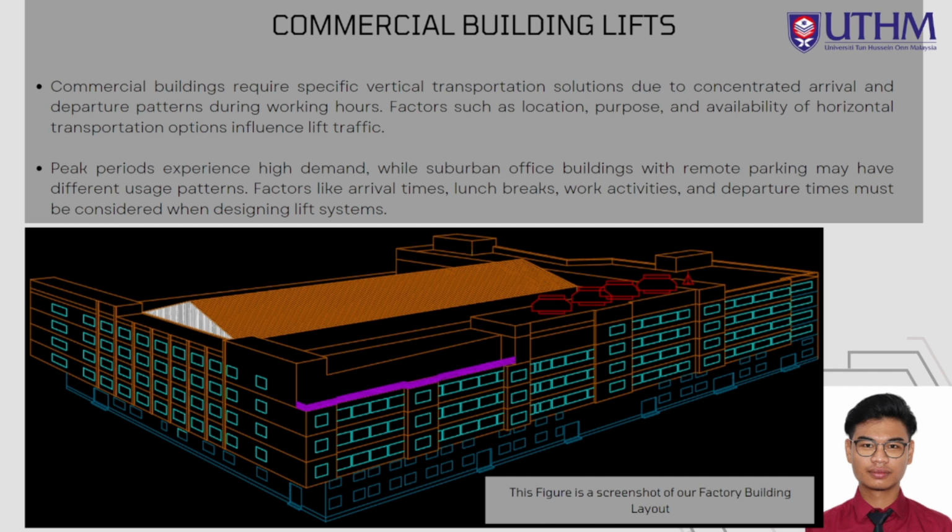Factors such as location, purposes, and availability of horizontal transportation options influence lift traffic. Peak periods experience high demand, while suburban office buildings with remote parking may have different usage patterns. Factors like arrival times, lunch breaks, work activities, and departure times must be considered when designing a lift system.